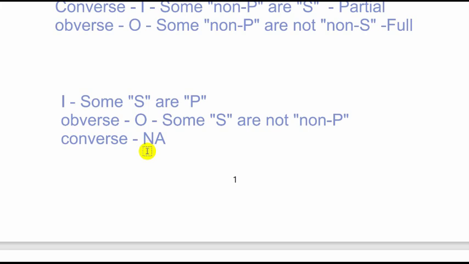So the reverse. So obverted converse and contrapositive, they both start with different types. In a contrapositive, it starts with obverse, and for obverted converse, it starts with converse.